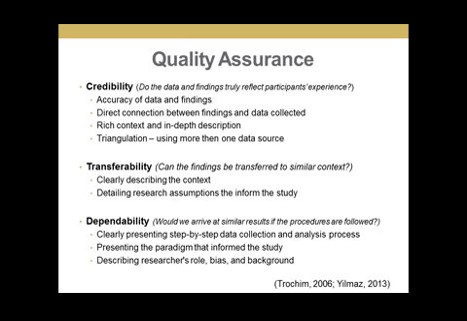Then I can transfer these findings to a similar context. So if I meet another participant with the same context who passed through the same situation, I can say, oh, I think these findings can be applied to this. You are not seeking generalization. You are seeking transferability of the findings to a similar situation.